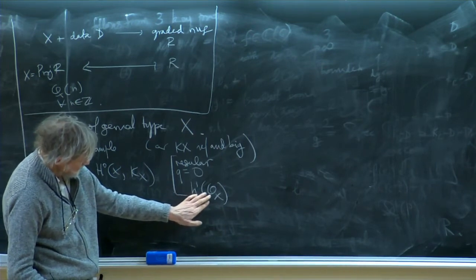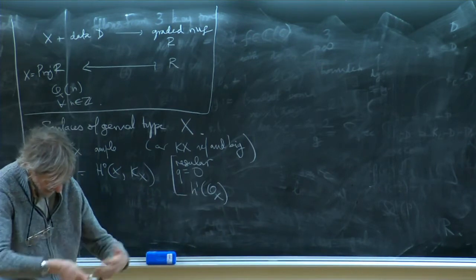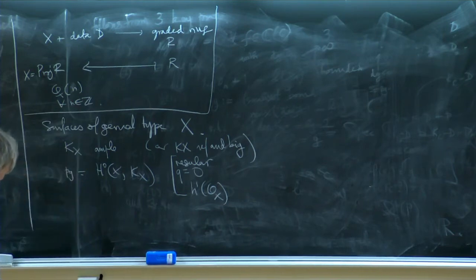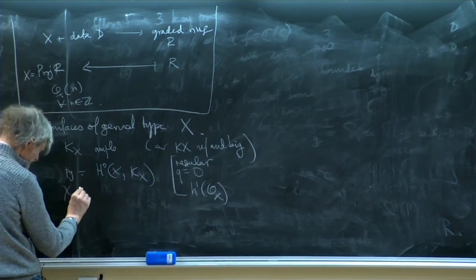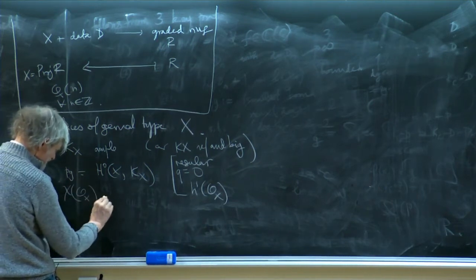This H1 of OX is some kind of cohomology group whose definition you've read and in some cases understood extremely well, in some cases not understood. And telling you that it's 0 just makes life a lot easier. Right, so chi of OX is 1 plus pg.